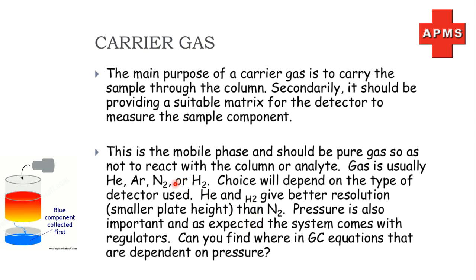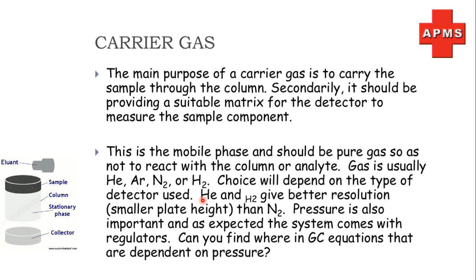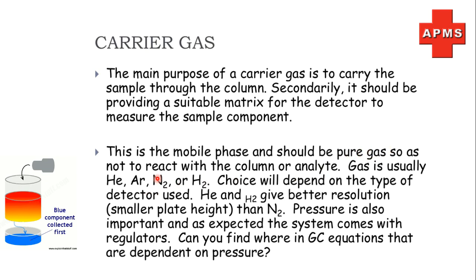At this high temperature, depending on the boiling point of the sample components, maybe 100 degrees Celsius, 150 degrees Celsius or 200 degrees Celsius, the carrier gas should not react with the column components or analyte.